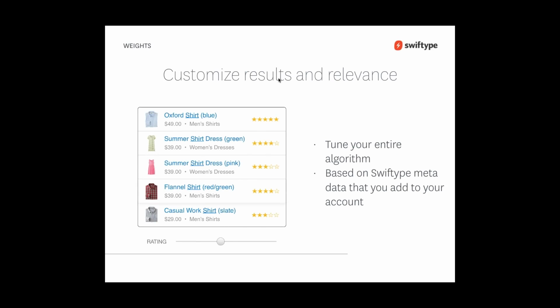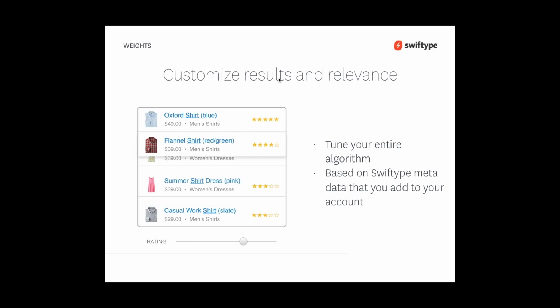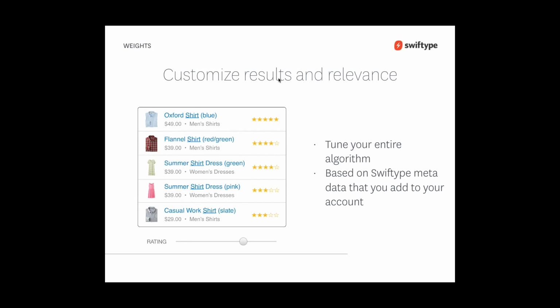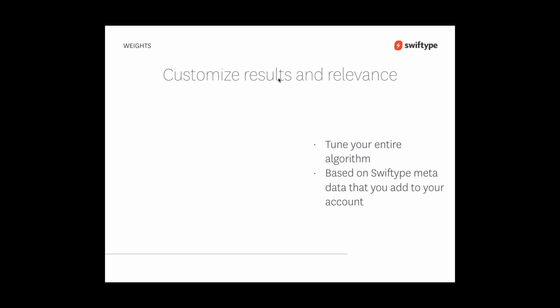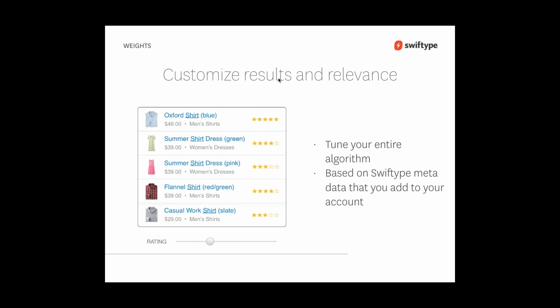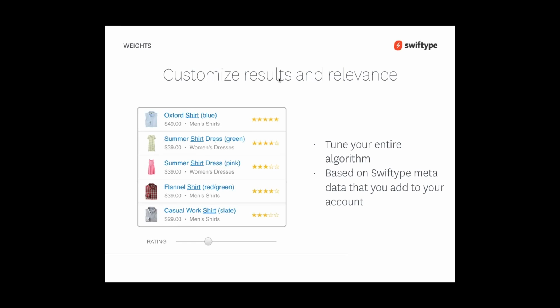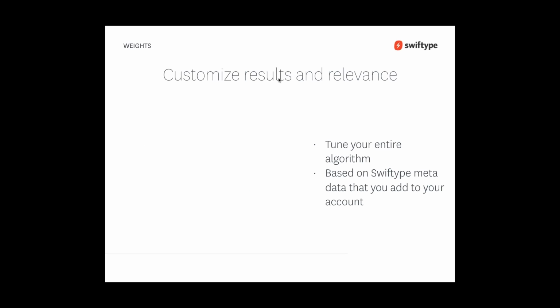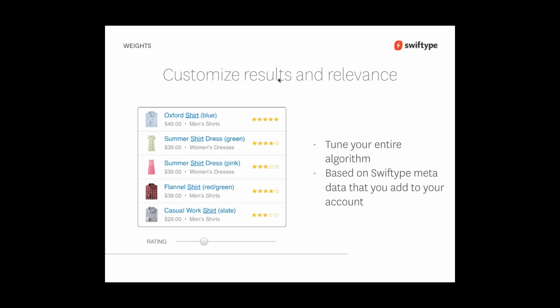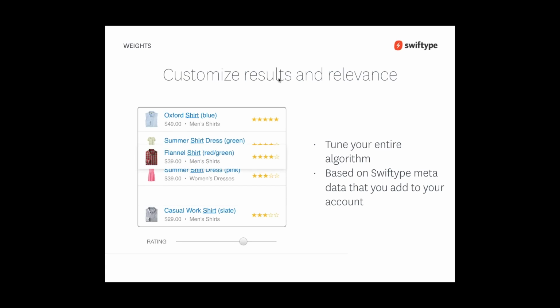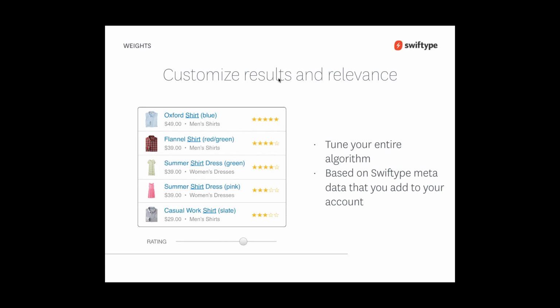Another thing that the SwiftType dashboard allows customers to do is really fine-tune the weights and the algorithm that basically generates the relevancy of all of the products and content that show up in your search box. So the way this works is all of the metadata that you provide SwiftType, you can use to say, hey, in this instance, I really want to show products that have a higher review than products that have a lower review.